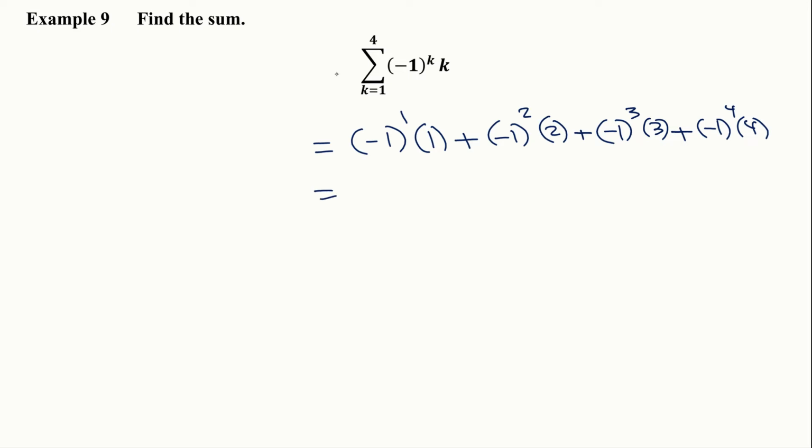So we end up with negative 1 to the 1, which is negative 1 times 1, so negative 1, plus, now this is going to be 1 times 2, so just 2, plus this is going to be negative 1 times 3, so negative 3, and this is going to be 1 times 4, so just 4.